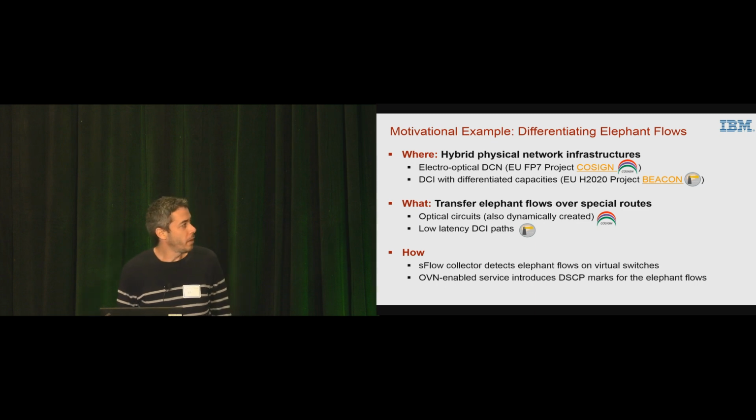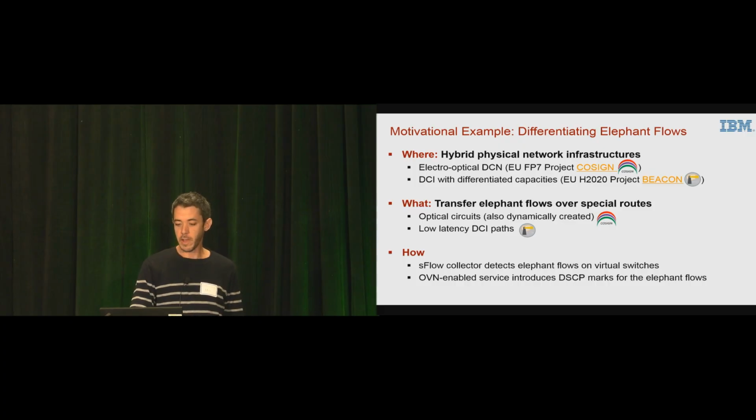We needed such functionality in two European projects that we are involved in. One of them is called COSIGN, where we have a hybrid infrastructure, electronic and optical. And the other project is called BEACON, where we have data center interconnect with differentiated capacities.